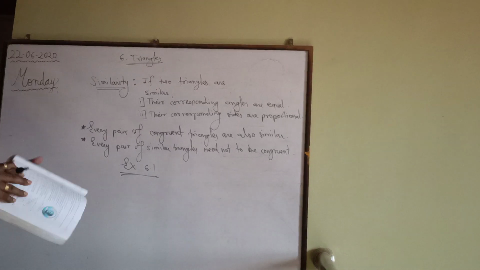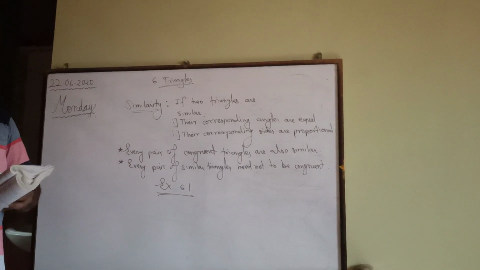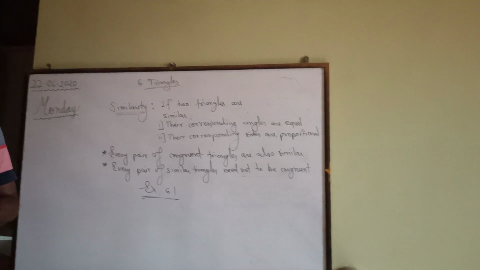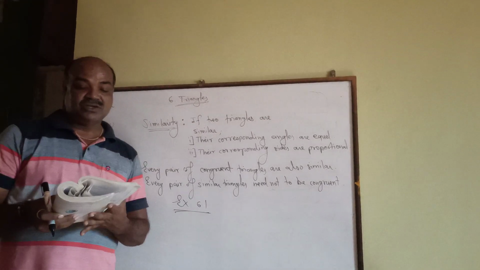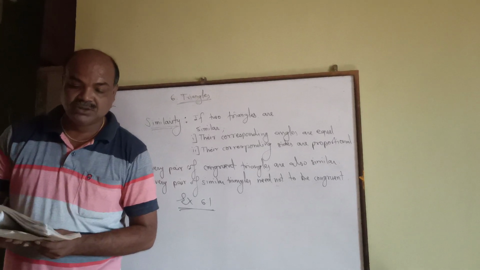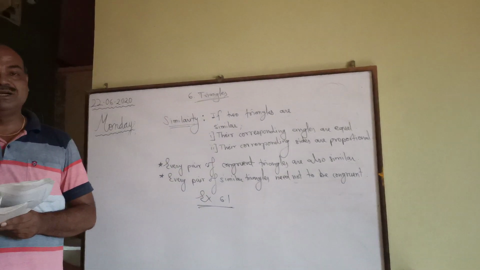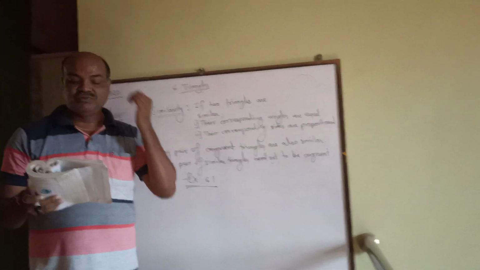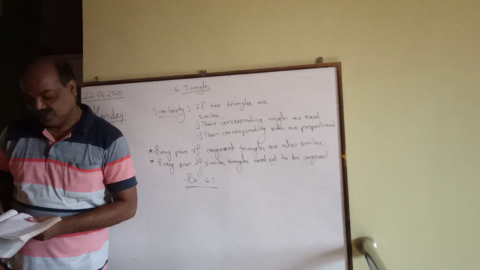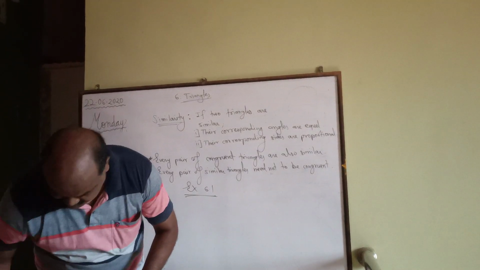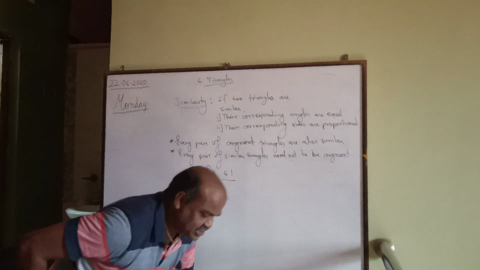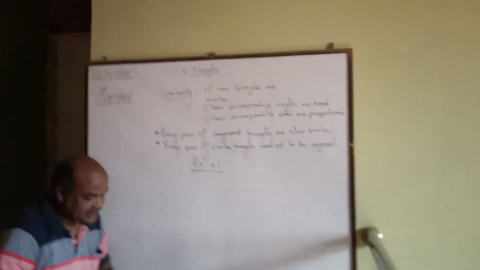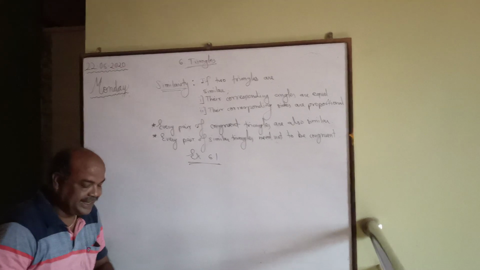So, instead of wasting our time in writing, I request all of you to take out page number 122. Exercise 6.1, you can see there are 3 questions in all. You can see friends, the first one is fill in the blanks using the correct word given in brackets, right?